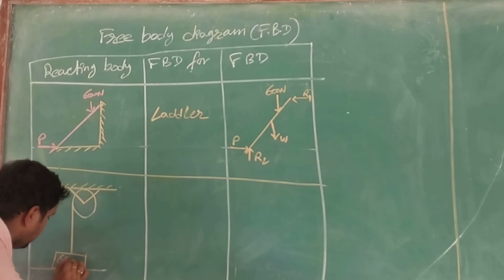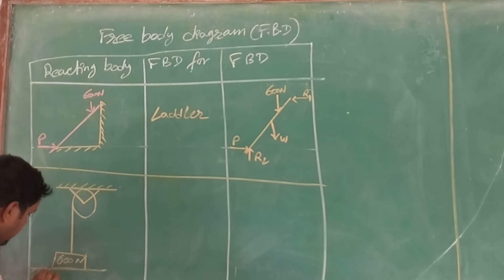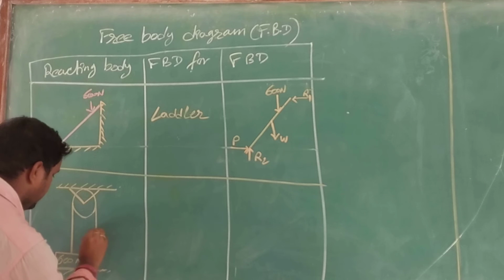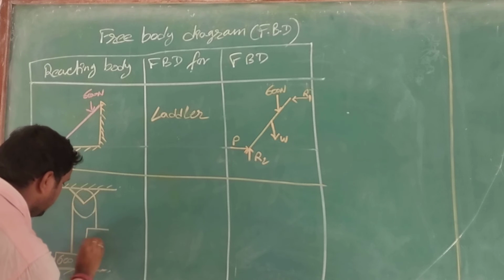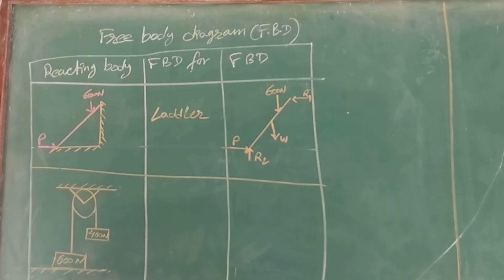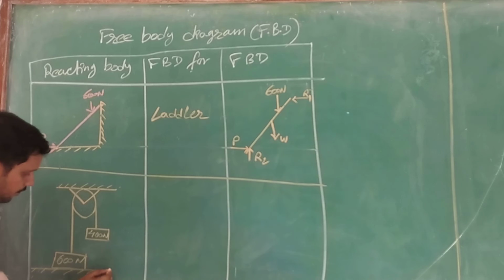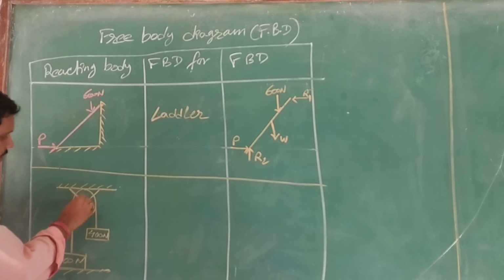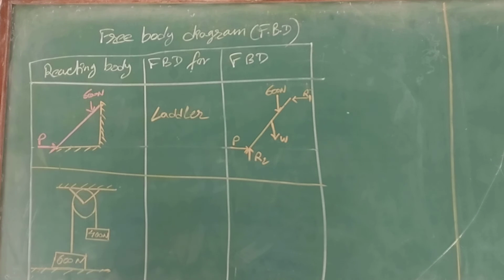It will be 600 Newton. This is my surface. There is another block of weight, let it be 400 Newton. You could see it. There's a pulley hinged to the wall which supports a 600 Newton block and a 400 Newton block.